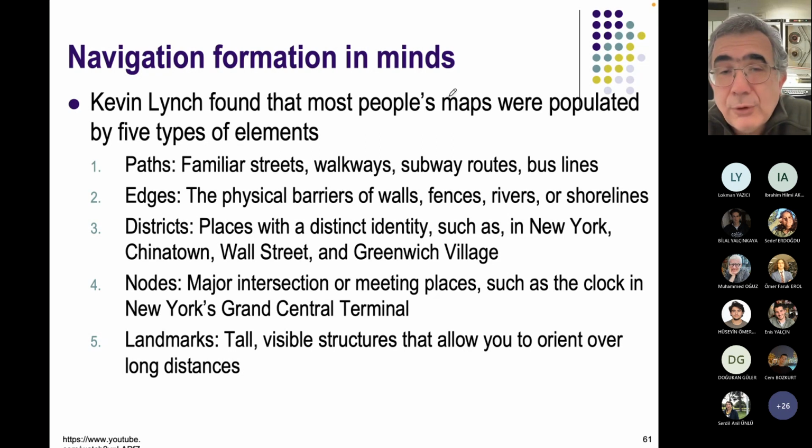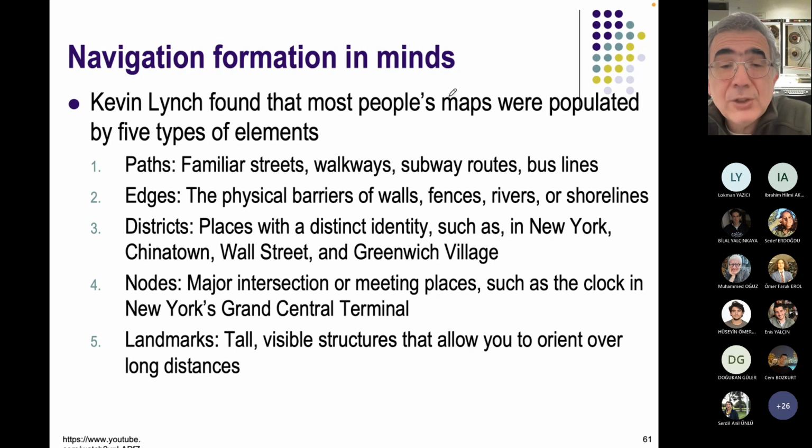Edges, like walls, fences, rivers, like seashore. That is the barrier. Districts, such as Chinatown, Wall Street, Karaköy, Laleli, etc. So a district can be recognized. When you are in the district, you recognize where you are.